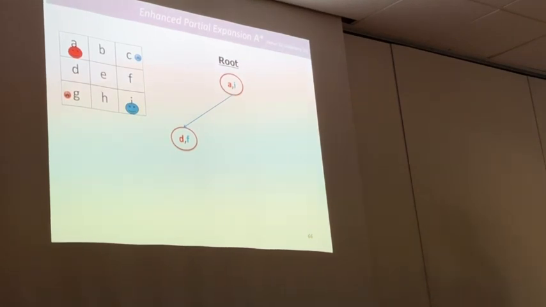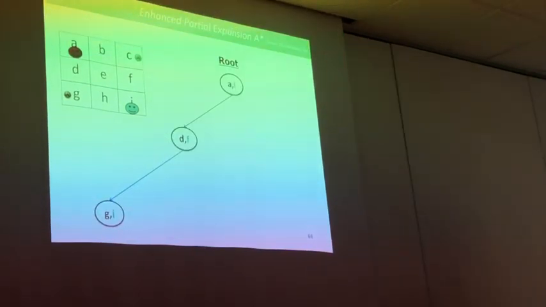Enhanced partial expansion A star knows how to use this kind of operator selection function to search more efficiently. Again, I won't go into the scope, but there is a tutorial on heuristic search on Friday, so if you're interested, you're welcome to come. It will be also covered there. Okay, questions?